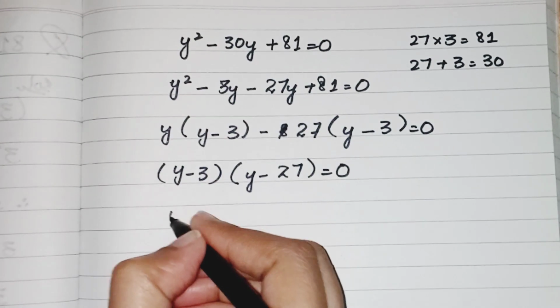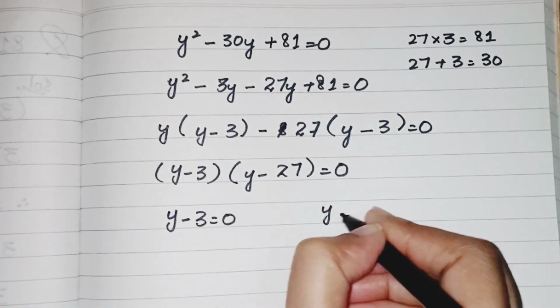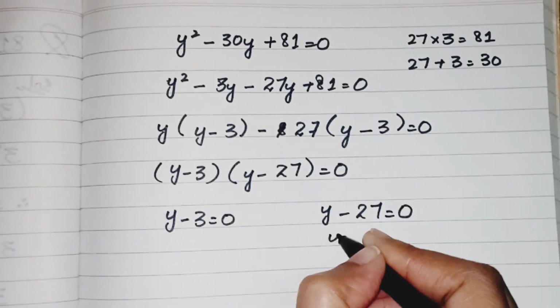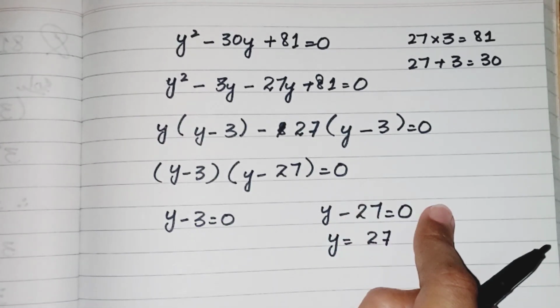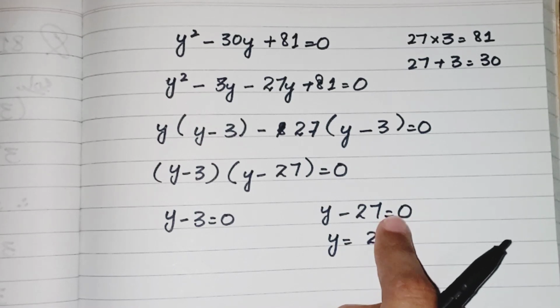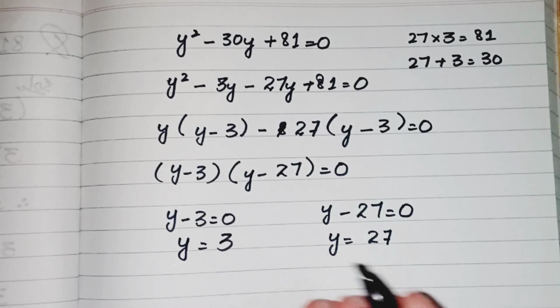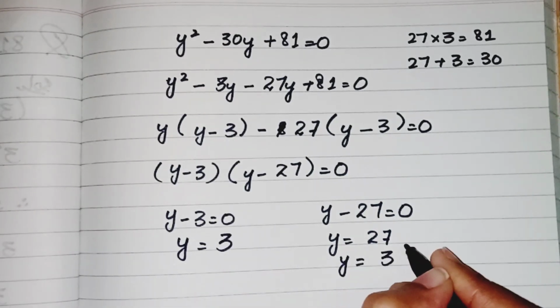I can write both brackets equal to 0. So over here the value of y is 27; minus 27, when moved to the other side of the equals sign, becomes plus 27. So we can say that y equals 3 raised to the power 3.